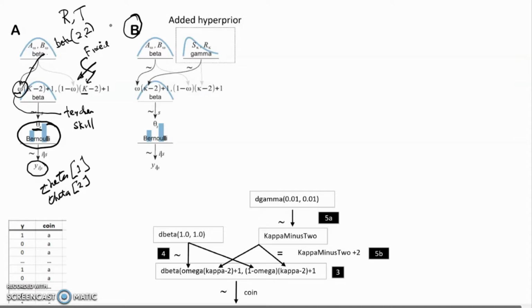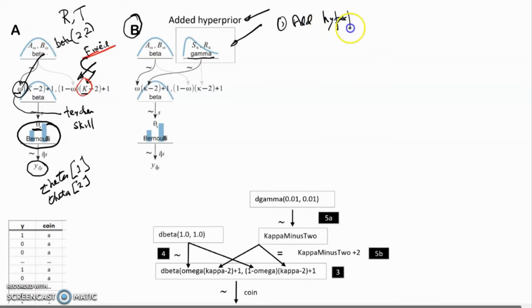So, in this video, we're going to make things a little bit more complicated, as seen here in one of Kruschke's figures. One thing we're going to do is add a hyperprior. Whereas earlier kappa was fixed, instead of fixing kappa, it's going to have a hyperprior, and that's going to be a gamma distribution.